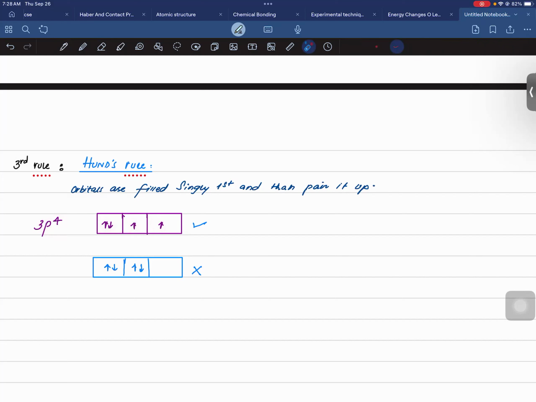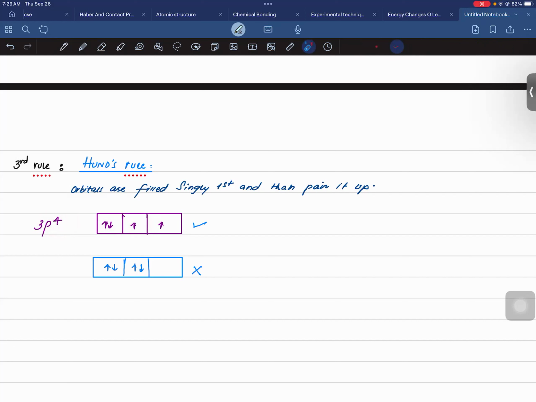Now it's your compulsion. But if you have different subshells and you are going to put electrons in different orbitals, obviously you are supposed to fill it singly, and then fill it double. This is Hund's rule.